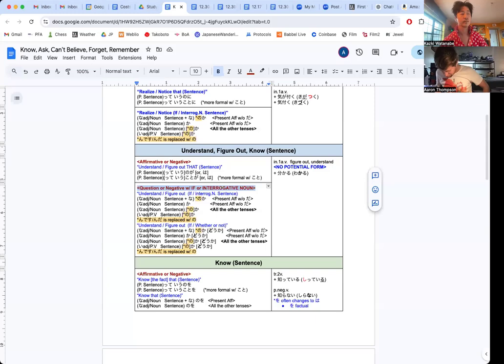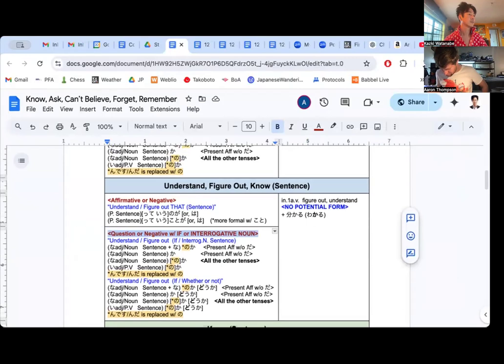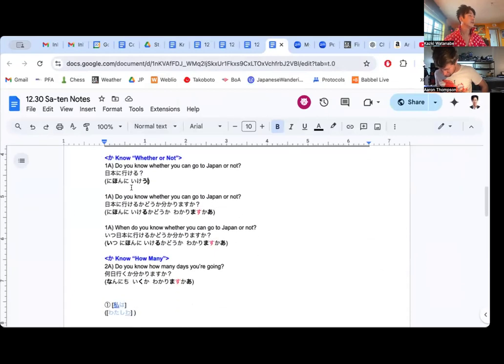I was looking at the wrong one. 日本に行けるかどうか。Understand, figure out.